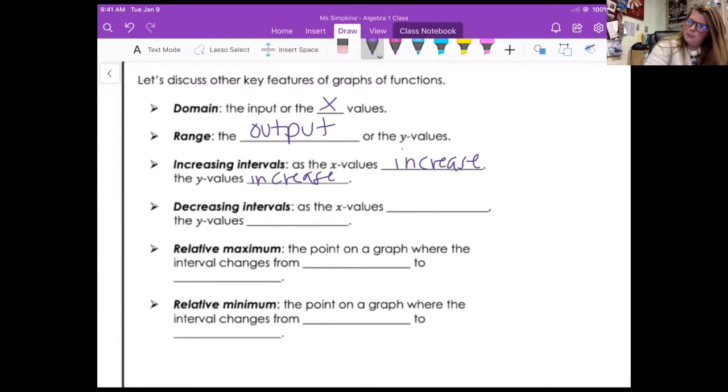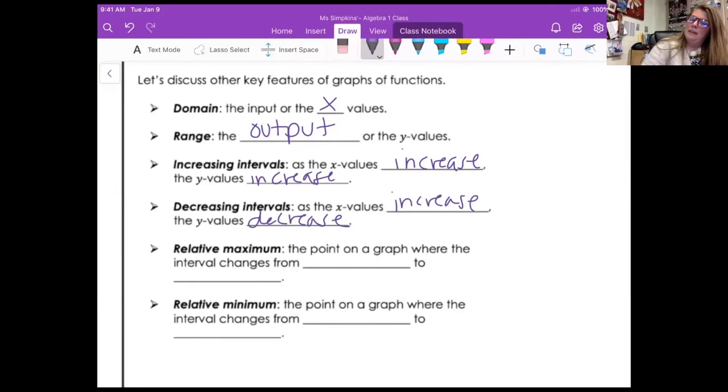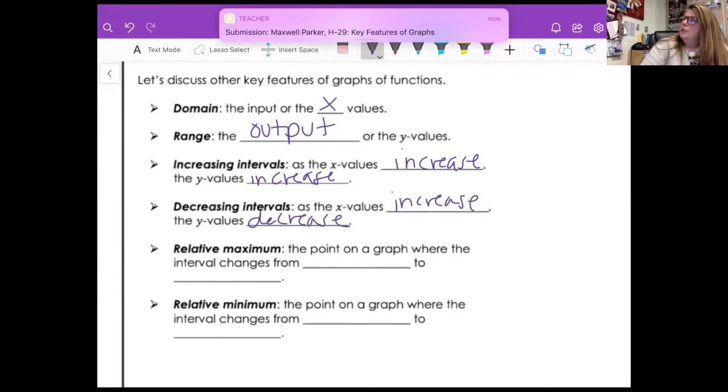And for decreasing, as X values increase, Y values decrease. The reason why is your X values, you're always looking from left to right, and the X values are increasing when you're moving from left to right, always.